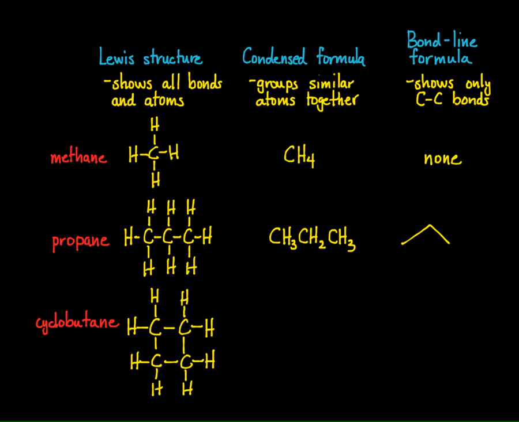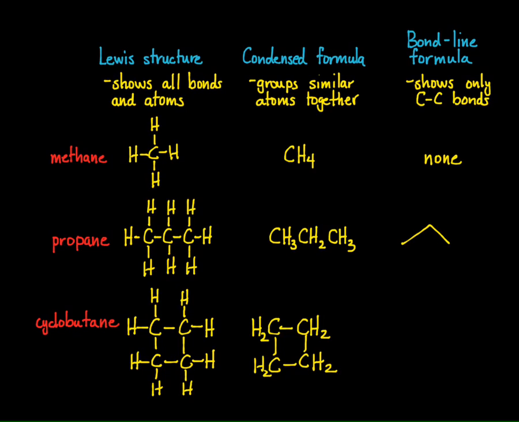Again, the formula for cyclobutane is C4H8. And again, it becomes a little bit of a hassle to draw all of those bonds. So we can condense it a little bit, and you see that all of the carbons have 2 hydrogens on them, so we can simply draw it like this, and this is called the condensed formula.